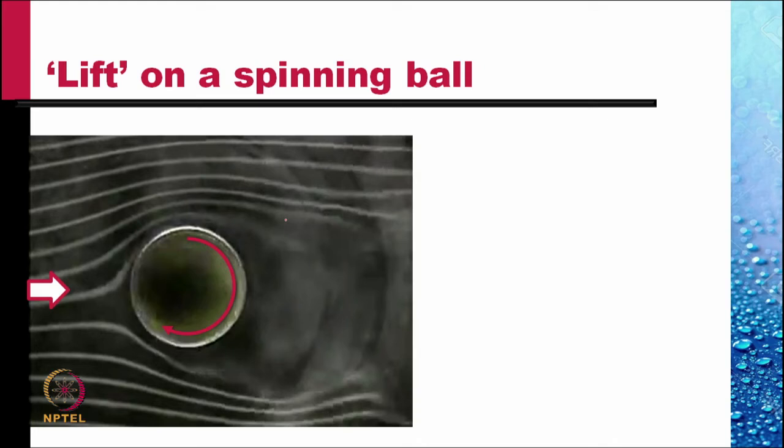If the ball is spinning clockwise as shown, with flow approaching from the left, at the lower part of the ball, the velocity of the ball surface is in opposition to the free stream velocity, while at the top, the velocity of the ball is in line with the velocity of the approaching airstream.